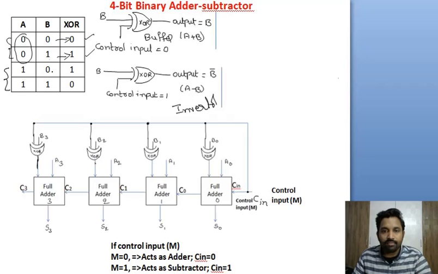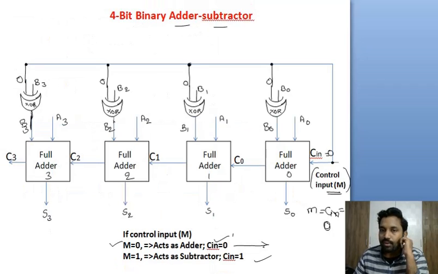So if the B value is 0, we take the complemented output, and if the B value is 1, we take the complemented output here. As we discussed in our 4-bit binary subtractor, we took the B complement by using a NOT gate. The same thing is happening here. Because of this, the XOR gate performs the complement operation when the control input is 1. When the control input is 1, Cn is also 1. That is the reason it acts like a subtractor.